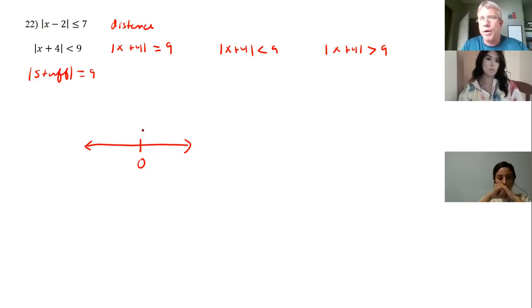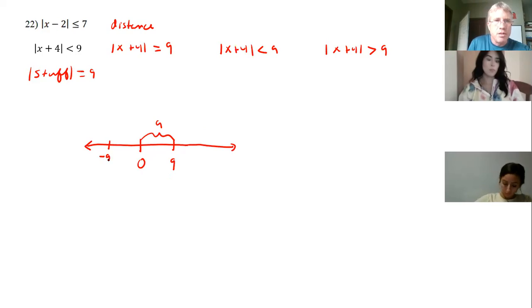The answer is always that there are two places you can be. To be exactly 9 units away from 0, I can be at 9, because the number 9 is exactly 9 units away from 0. But I can also be at -9, because -9 is exactly a distance of 9 units from 0.